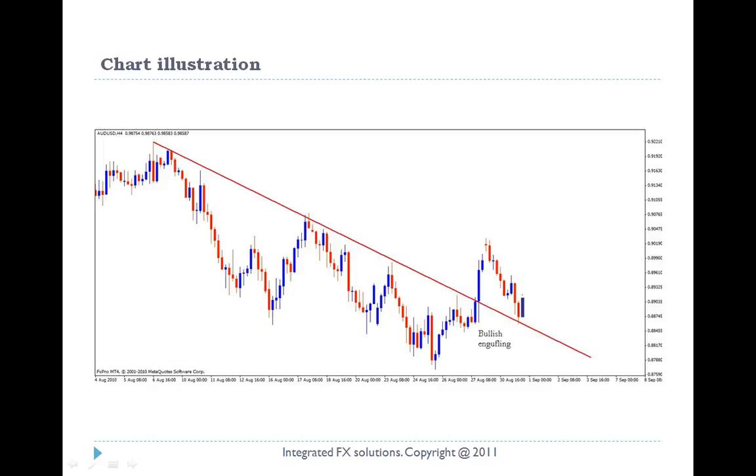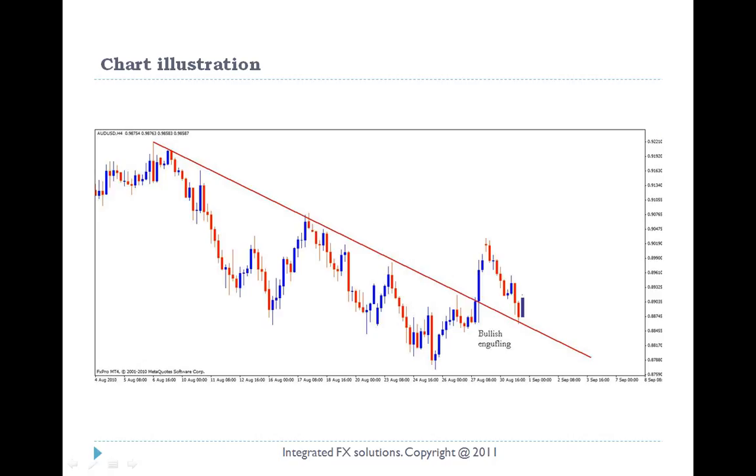And here is a chart illustration. When the trend line is retested, there is a bullish engulfing candlestick pattern, and that tells us that price is most likely going to trade north.